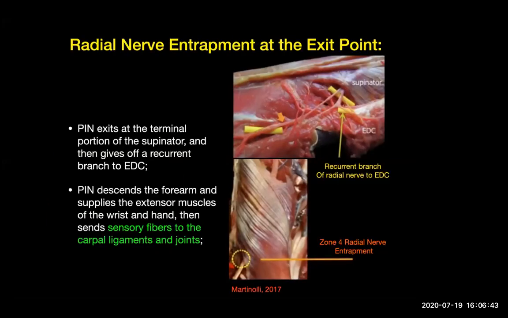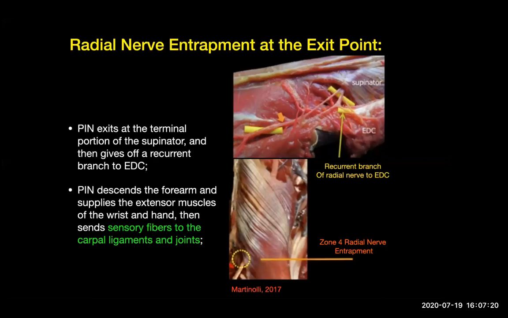Then of course, as the deep branch of the radial nerve exits, it gives off a recurrent branch to the extensor digitorum communis. So as it exits, one branch goes to the EDC, and the rest goes to the extensor muscles of the wrist and the hand. And by the way, even if we say that this posterior interosseous nerve is motor the majority of the time, there are sensory fibers that it carries that innervate the carpal ligaments and joints.